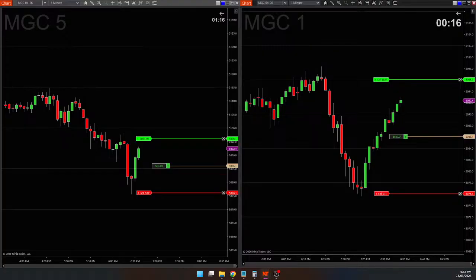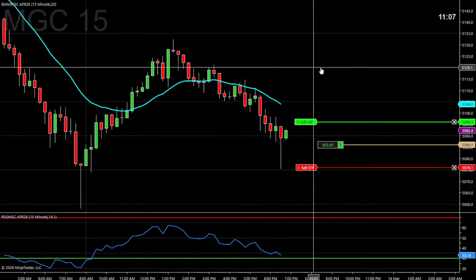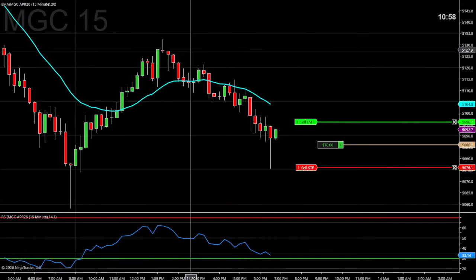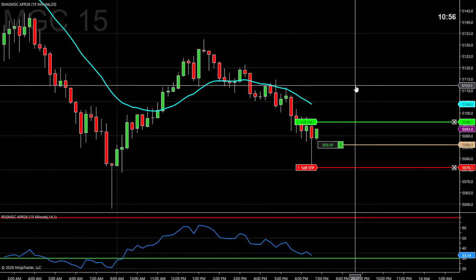But I'm not going to add any more contracts to the trades. I'm not going to scale in unless I see on the main charts that there is a structural change, because that is still a downtrend with lower highs and lower lows.